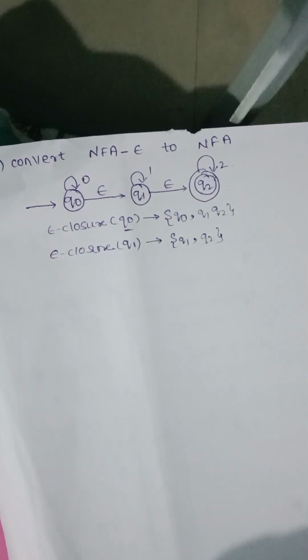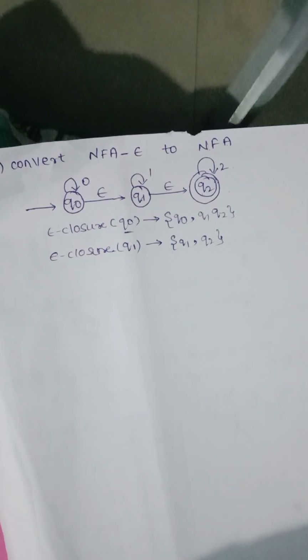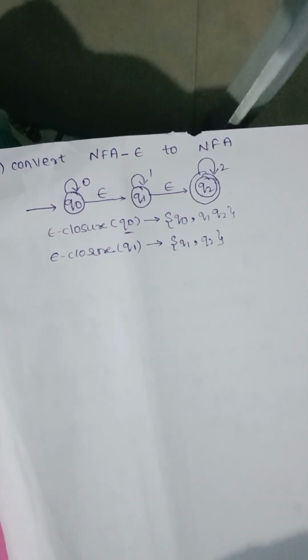In the previous video, we discussed the process of how we convert an NFA with epsilon to an NFA without epsilon. We already discussed what the process is and what steps we need to do.